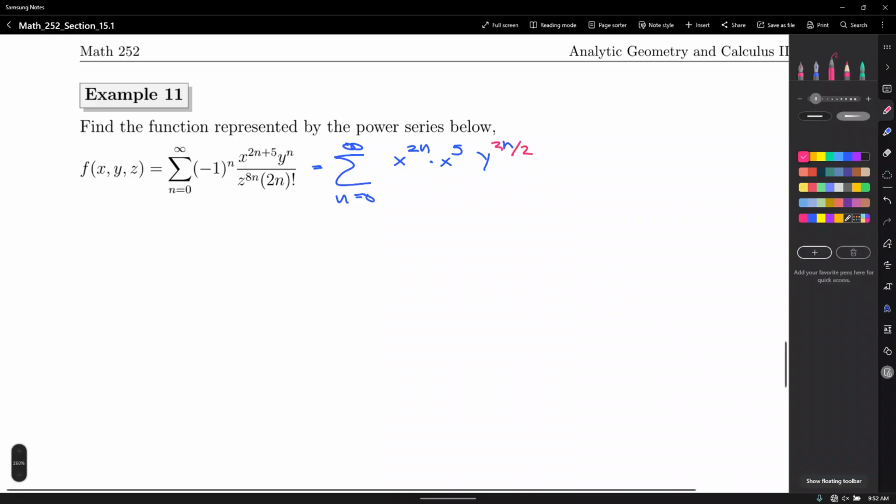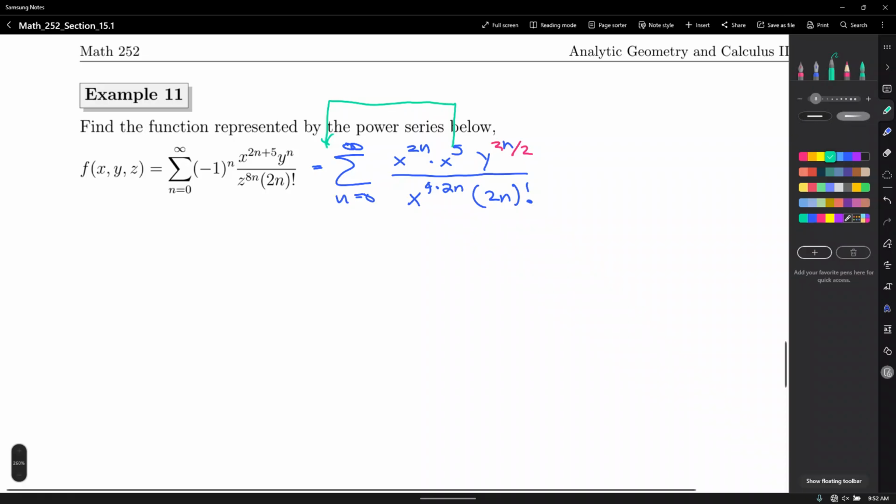And number 3, for the denominator, well, 8n is a multiple of 2n. That's actually 4, right? So this is x to the 4 times 2n, times 2n factorial. This x to the 5th, which doesn't have any n's, can go outside.